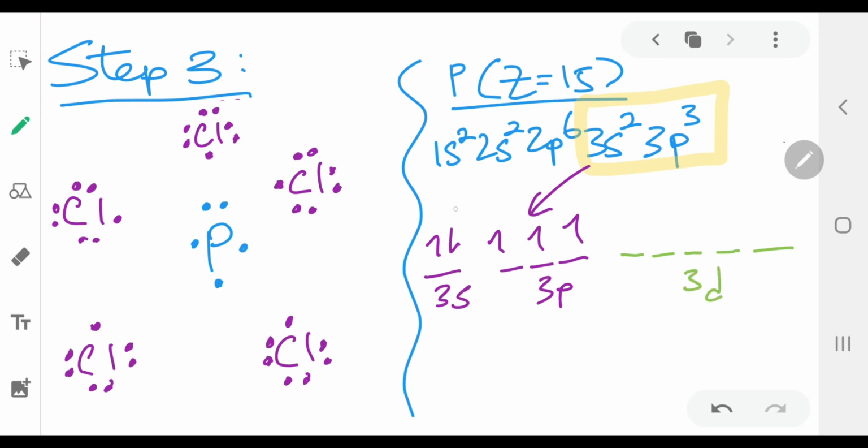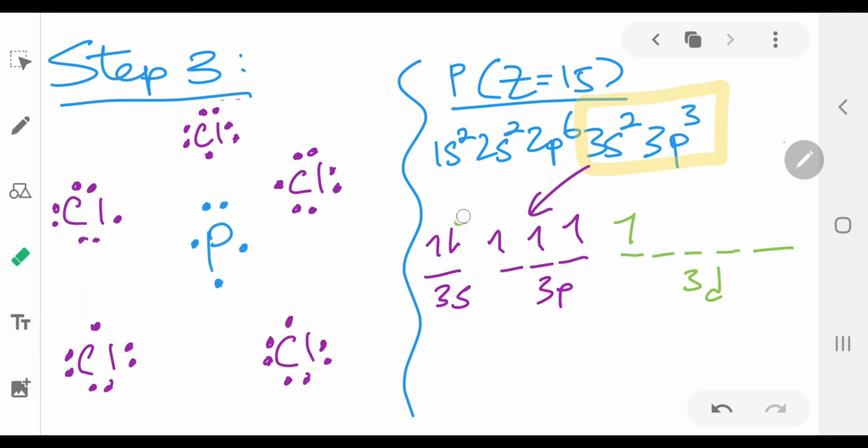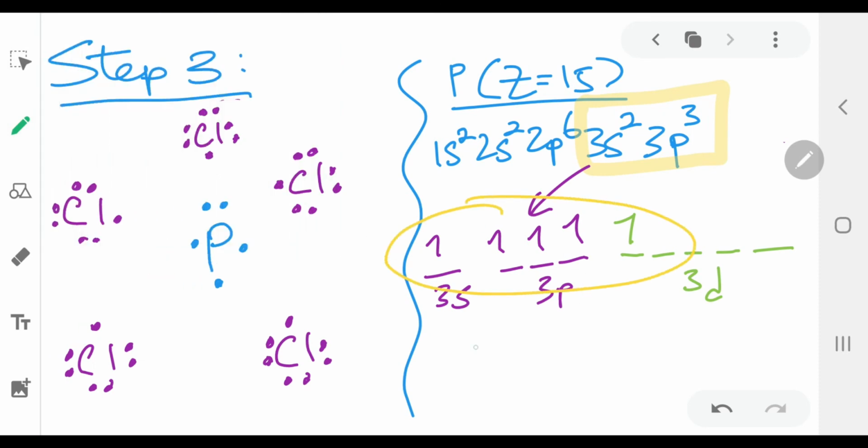So this electron over there will be able to be excited to that empty 3d orbital, giving you 5 unpaired electrons.